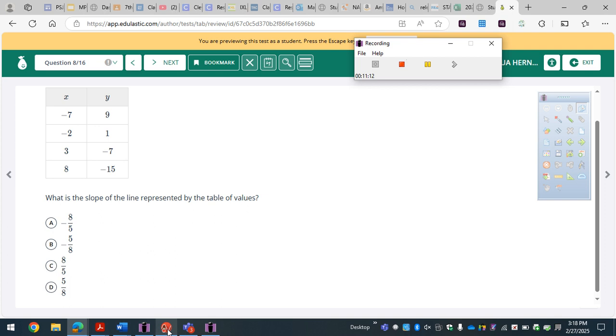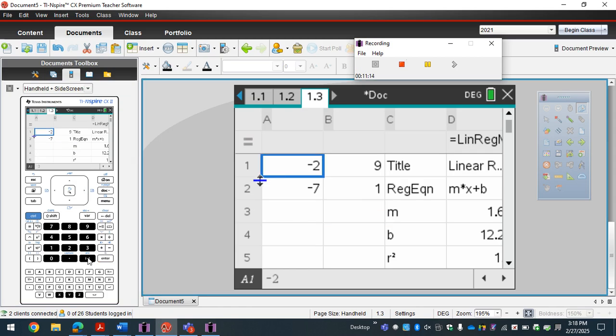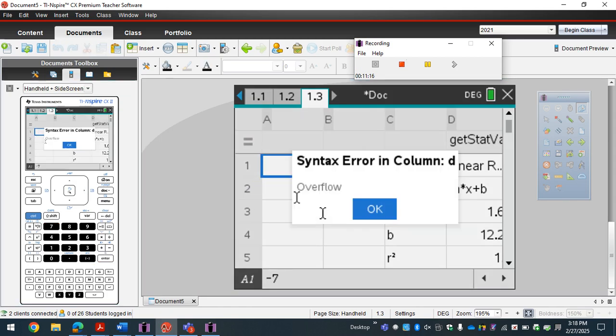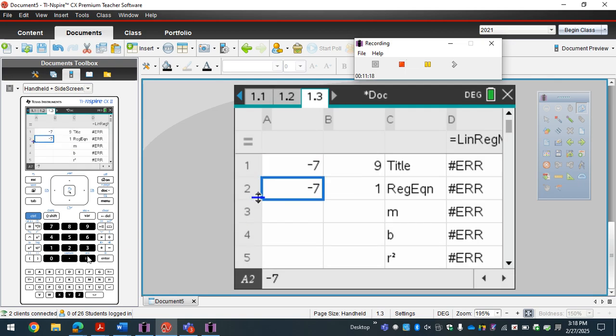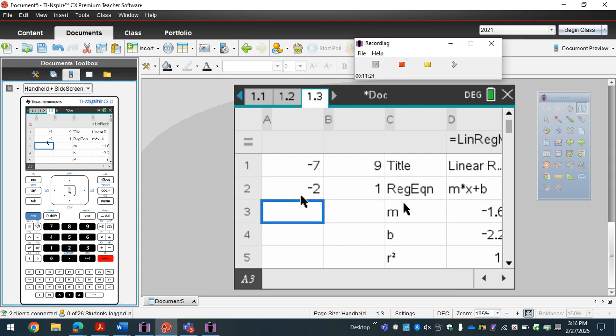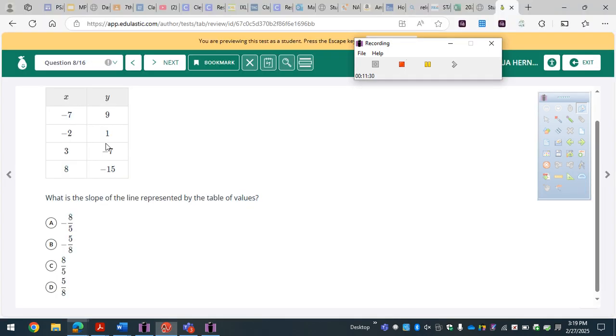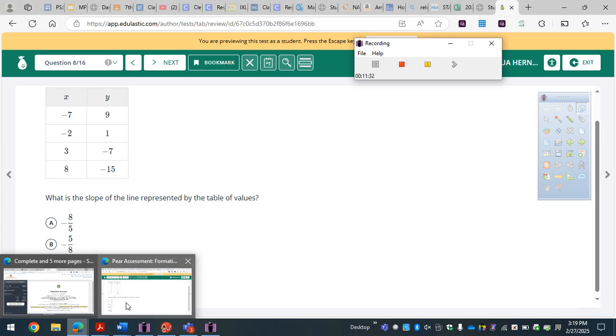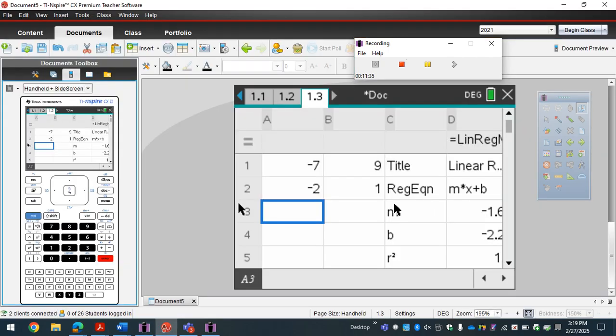Ooh, I got it wrong. If you ever see this, that just means undefined, guys. Negative 2. There. So I messed up completely, but let me check that 9 and 1. Let's come back over here. My bad. Again, this is going to be negative, and it's past the idea of a negative 1.